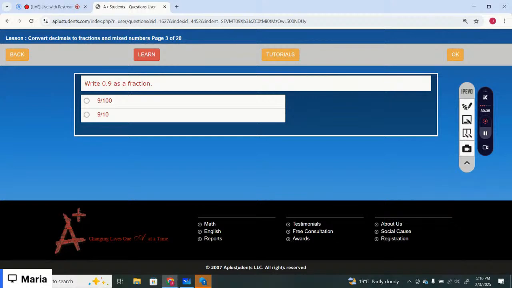Write 0.9 as a fraction. That is 9/10. Option number 2 is the correct option.